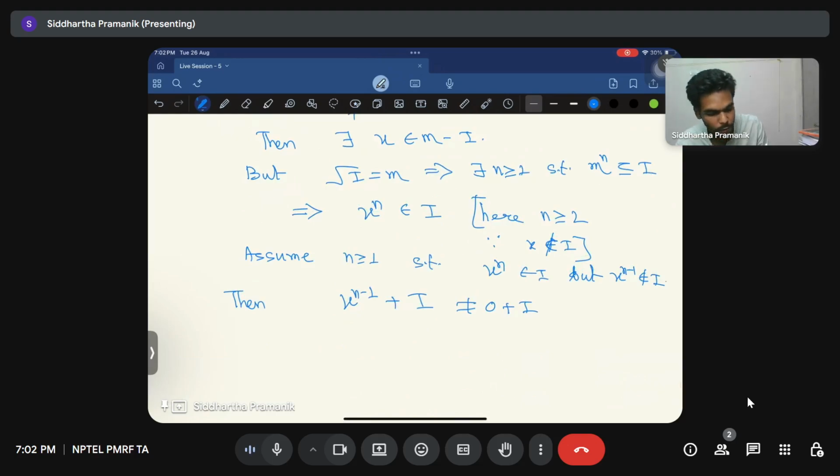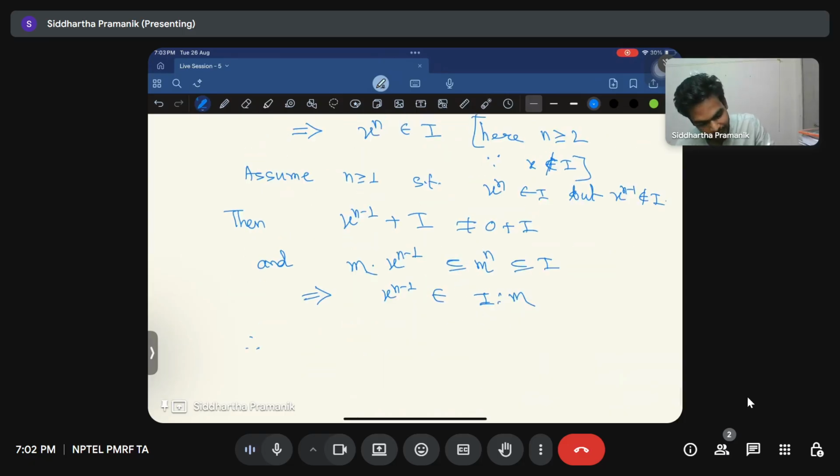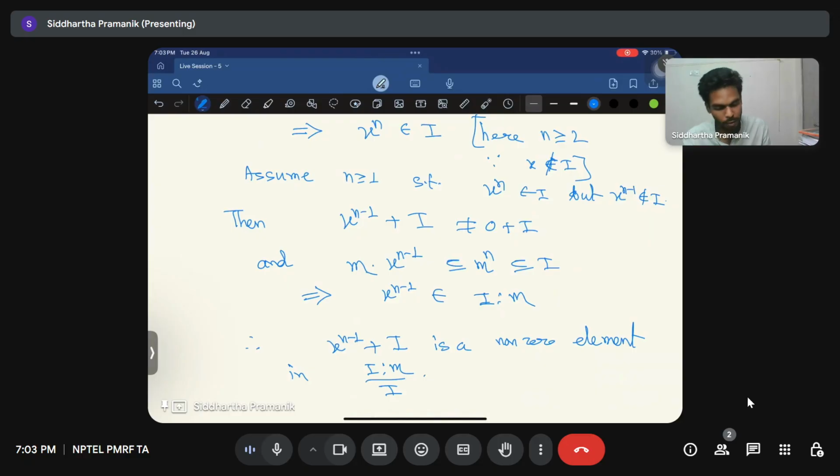This is not equal to 0 plus I because x power n minus 1 is not in I. And if we take M and multiply it with x power n minus 1, then this is a subset of M power n, that is a subset of I. So that will imply x power n minus 1 belongs to I colon M. So that means x power n minus 1 plus I is a non-zero element in this quotient I colon M modulo I. So this quotient has to be non-zero.